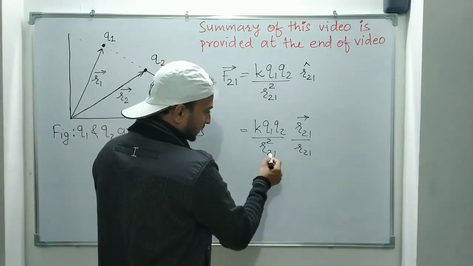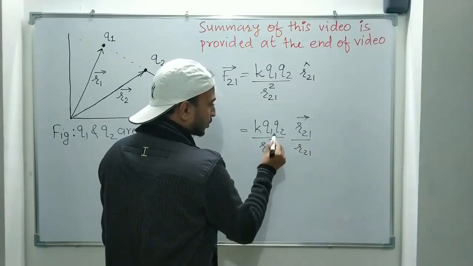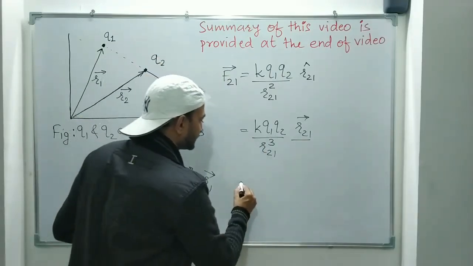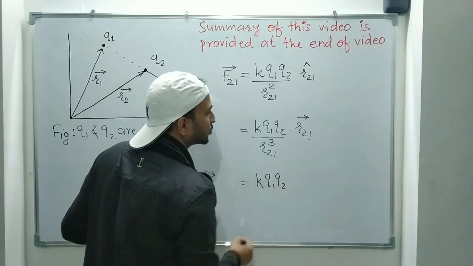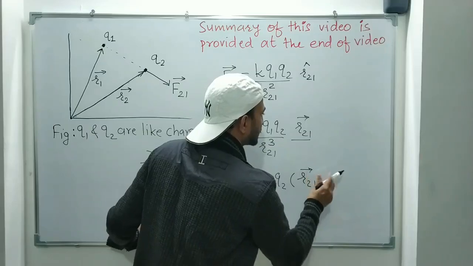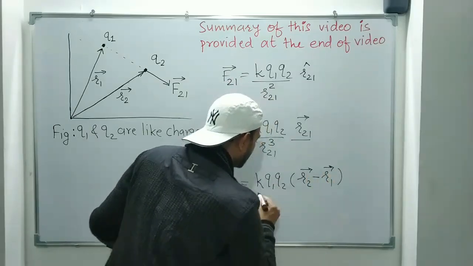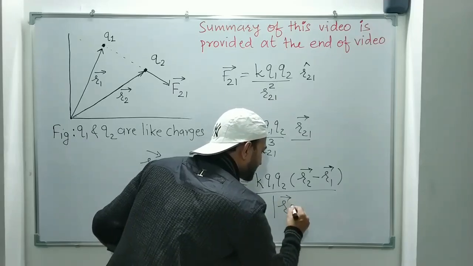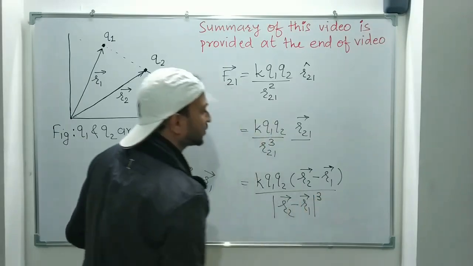So both these become R21 cube. That will be K Q1 Q2, R2 minus R1 upon the mod of the same subtraction with cube.